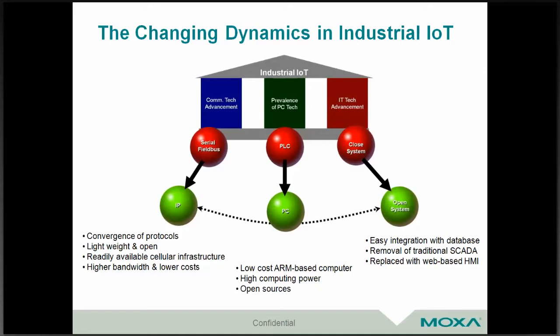The third pillar that is driving the industrial IoT is IT technology advancement. We also start to see closed systems being pushed toward more open systems.